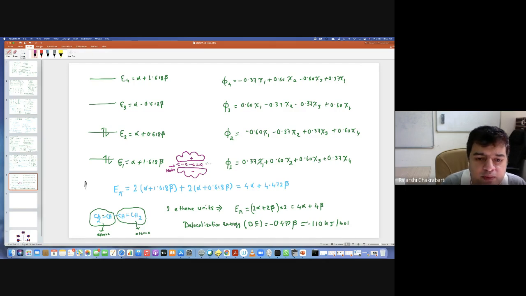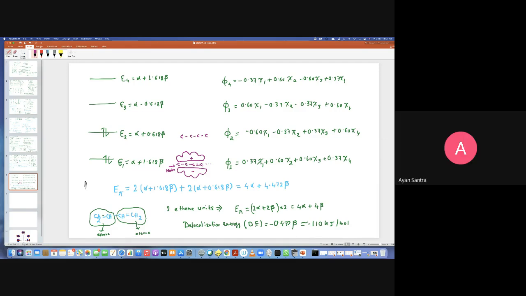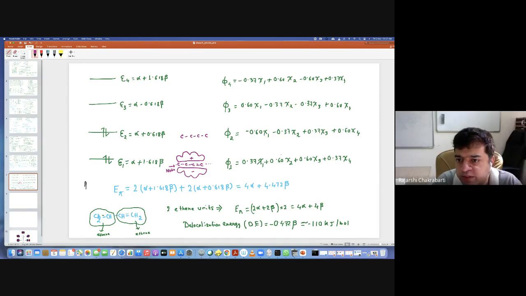What about phi 2? Can anyone tell me how phi 2 looks like? Phi 2 is very similar to phi 1 in terms of coefficient, but signs are different, no? And also their distributions are different.